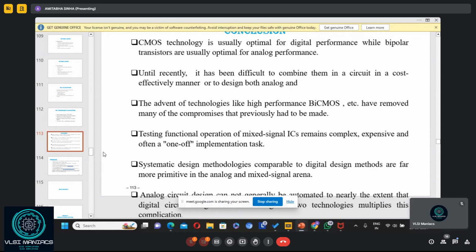Here many other things have to be considered for analog circuit design. Moreover, in analog circuits the accuracy of the output depends on the physical values of passive components like resistances and capacitances, and it's very difficult to get the exact value of resistors or capacitors. But in digital, you are dealing with zeros and ones.